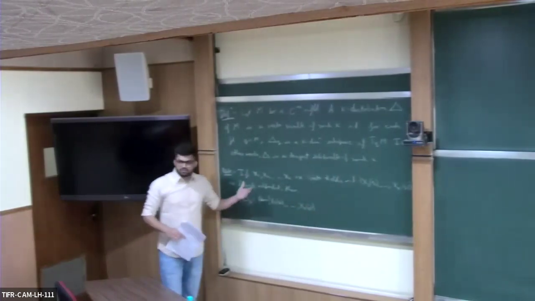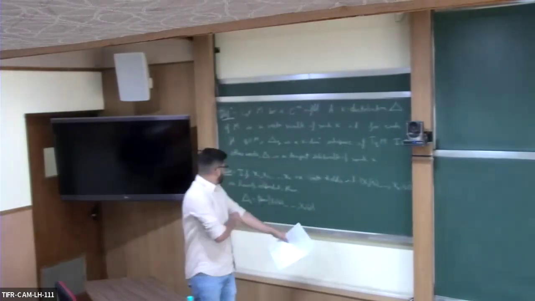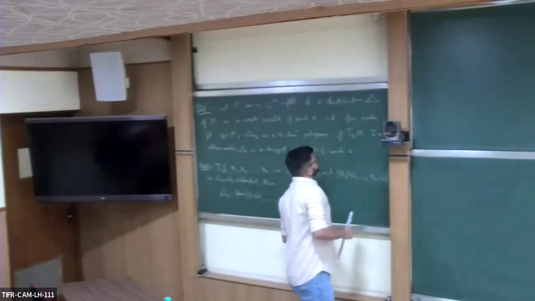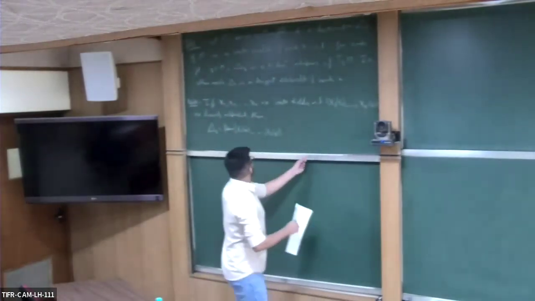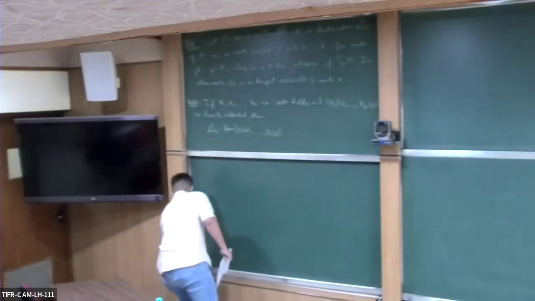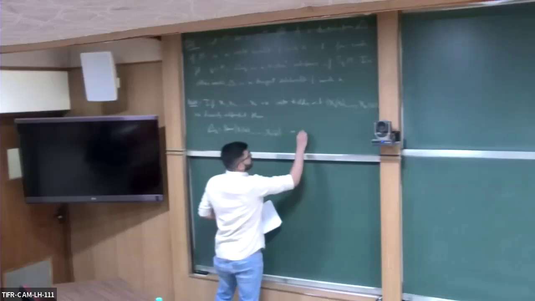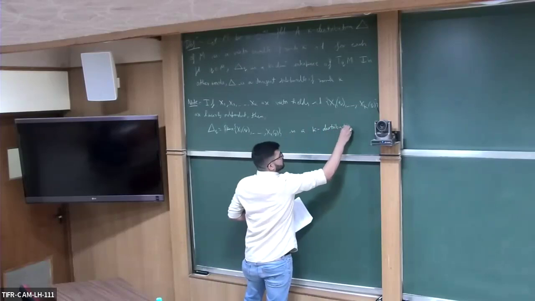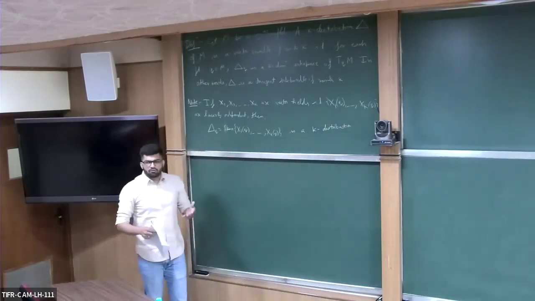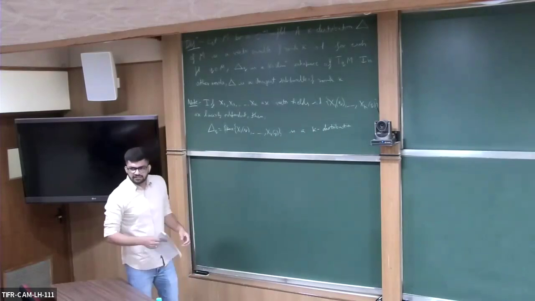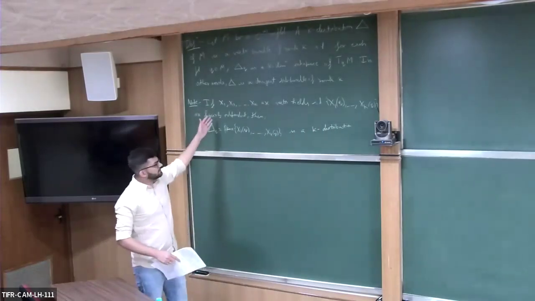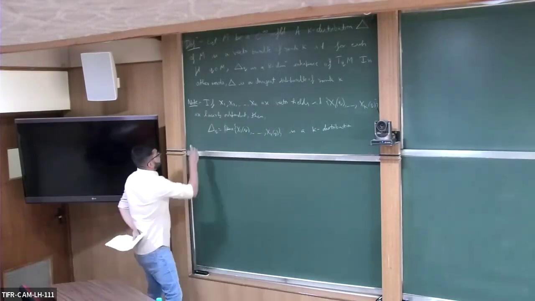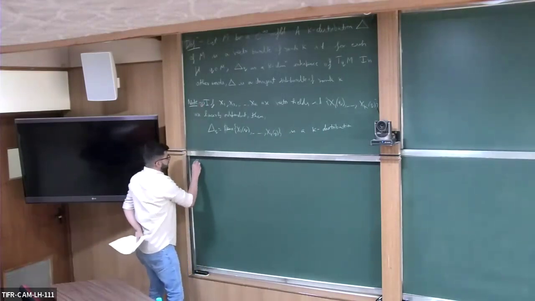This will give us a distribution. We need k linearly independent vector fields to get a k-distribution.